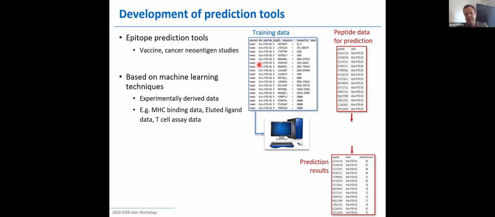So basically, we have these sets of data that we catalog in the IEDB, where you have sets of peptides and their restriction, and then you have, say, in the case of MHC binding data, a measured affinity. And then we use those to generate an algorithm that can take a new set of peptides and alleles and make a prediction of what the outcome would be if we were to do the same kind of experiment, in this case MHC binding, on these.